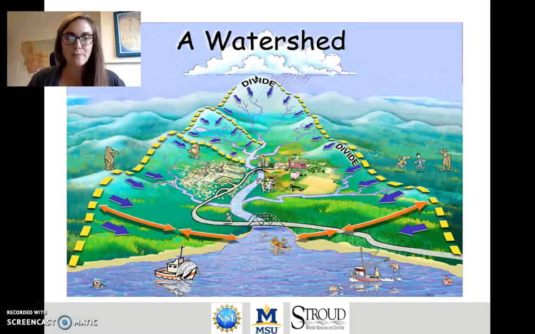In this diagram, you can see that that water and sediment is moving through a variety of landscape types as it moves from high elevation to low elevation, including through things like agriculture or even urban settings.